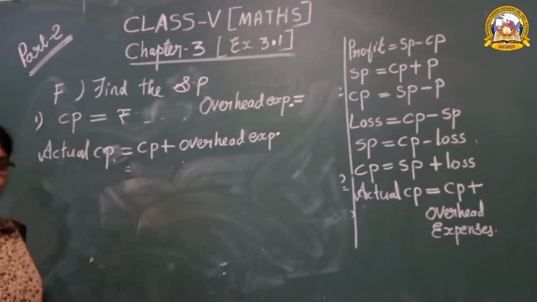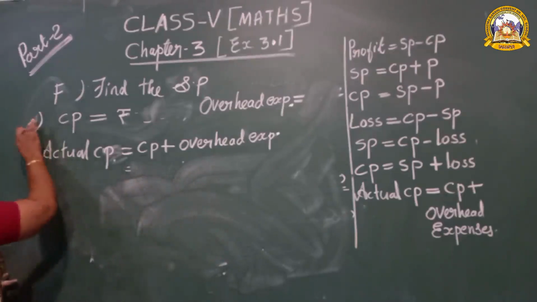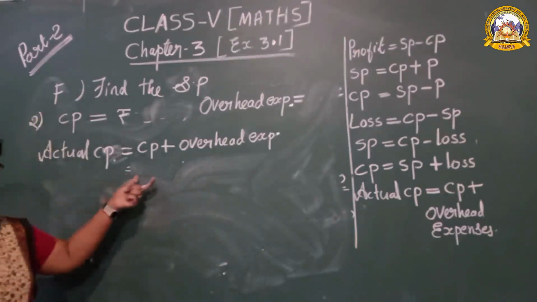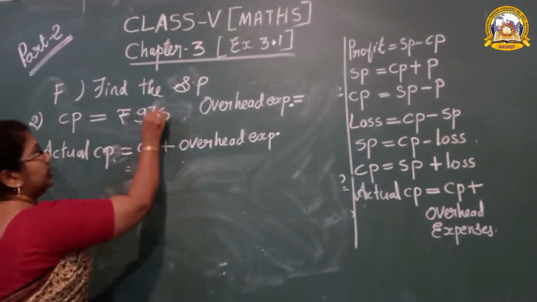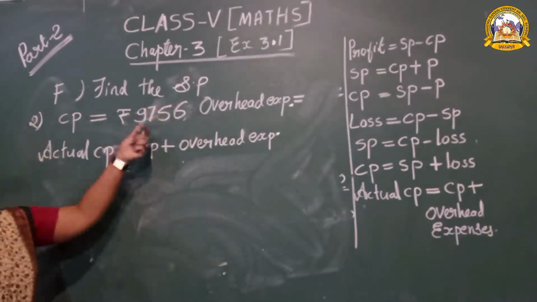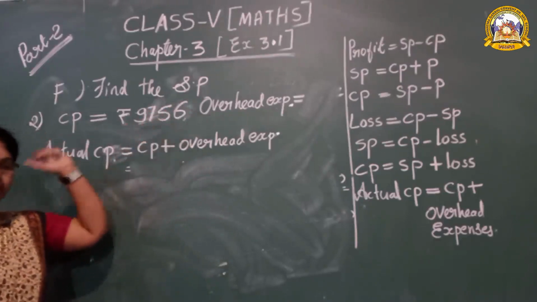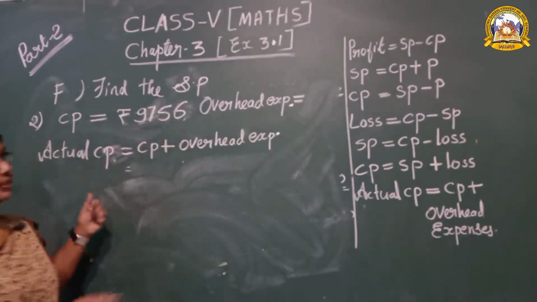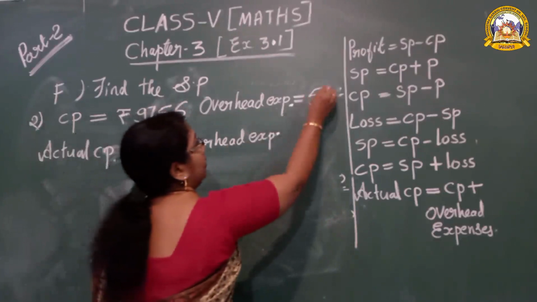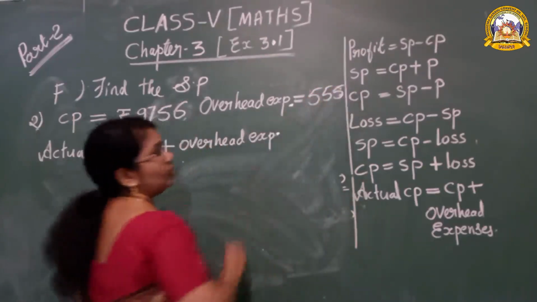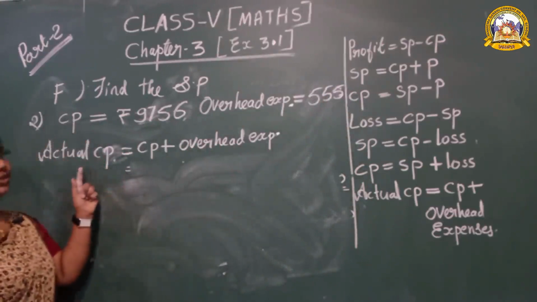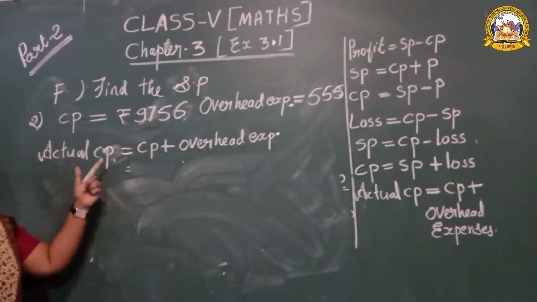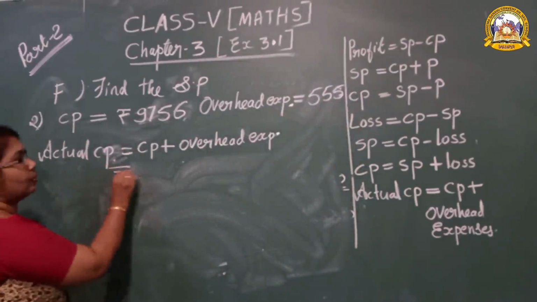Yes. Look at the question, question number 2. CP is equal to 9,756. What is the CP? 9,756. Overhead expenses 555. What is overhead expenses? 555. Then what you have to find out? We have to find out actual CP. What is the formula?